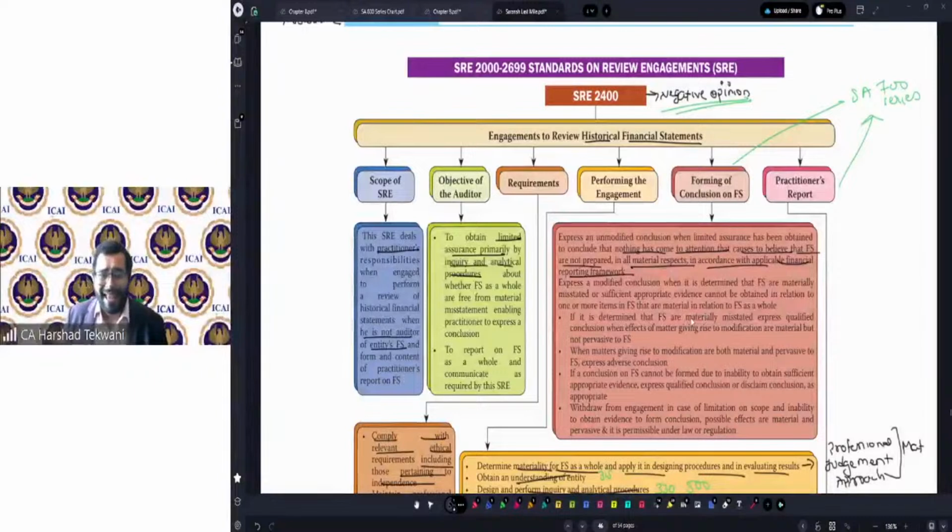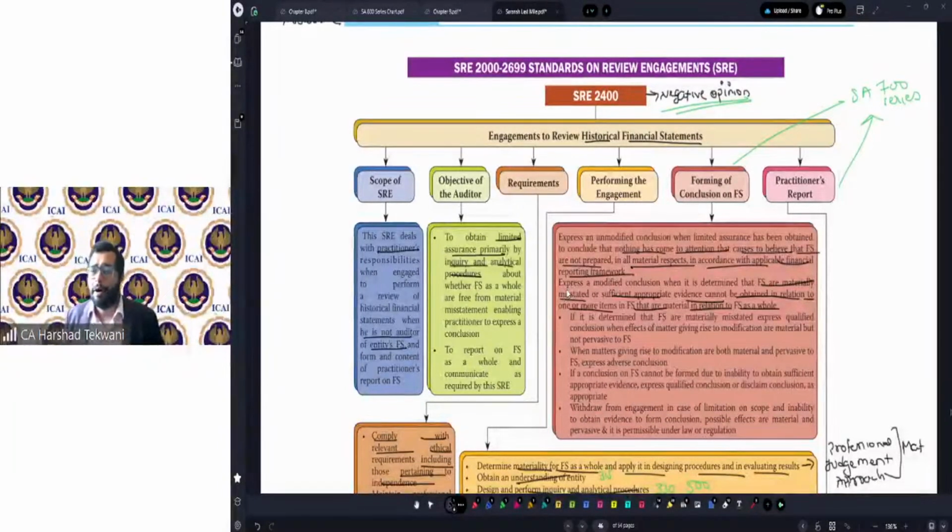The second thing over here is that if we can express a modified opinion, it's not restricted that we cannot issue a modified opinion. If we have identified something, which is a material misstatement based on the materiality, we have to modify our opinion. And we can express a modified opinion by saying that the FS are materially misstated, or sufficient appropriate evidence cannot be obtained in relation to one or more items in FS that are material in relation to FS as a whole.